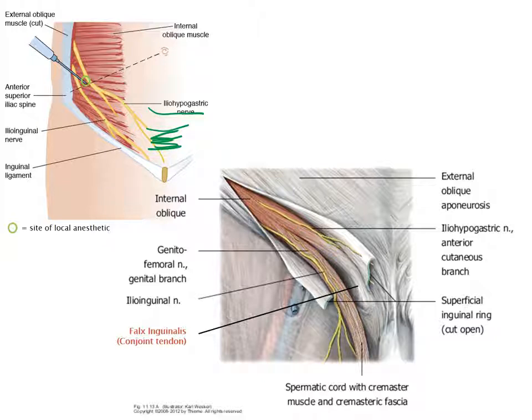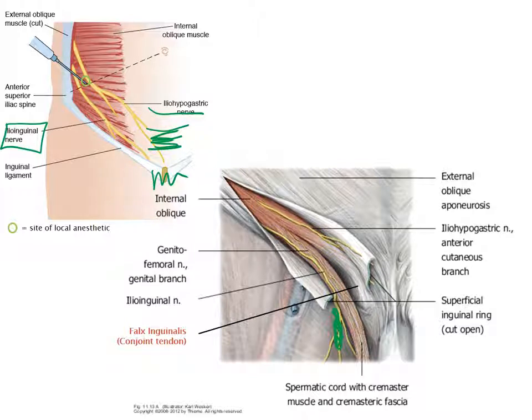The ilioinguinal nerve, which is shown adjacent to it, provides cutaneous innervation to the skin over the pubis, and it also innervates the anterior scrotum in males, or the mons pubis and labia majora in females. There's also a small portion of this nerve which will innervate a small area along the upper medial thigh.